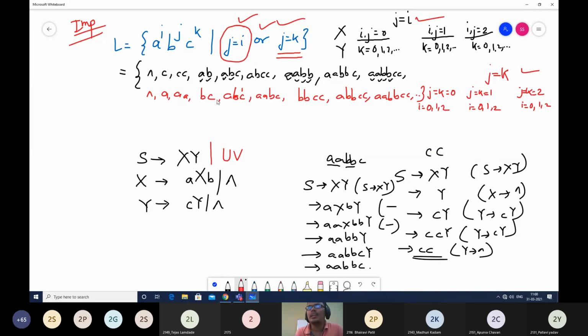U will indicate the A's. In my string, first A's will come, then B's and C's. So X was representing I and J because they come first in sequence, and then those C's are coming. That's why X was related to I and J and Y was related to K.